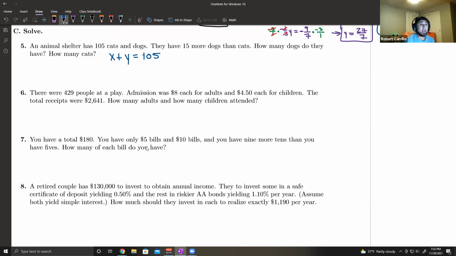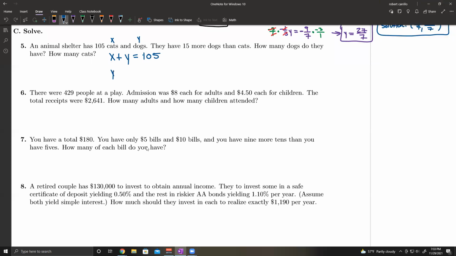But now it says they have 15 more dogs than cats. So another equation we can make is if they have 15 more dogs than cats. So remember that cats is X and dogs is Y. What equation could I write for 15 more dogs than cats? Y equals what? 15.